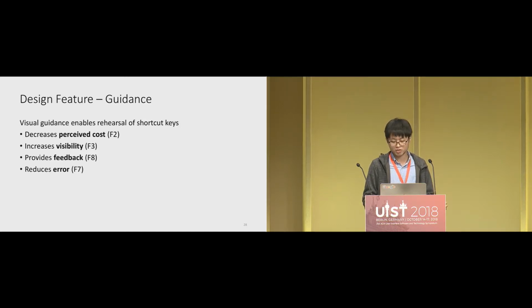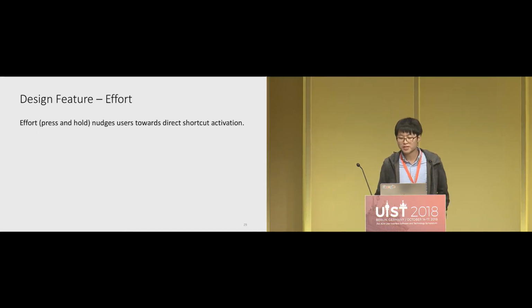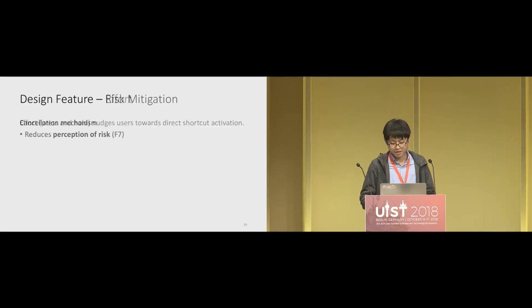The guidance also provides feedback of the currently selected command and reduces error. We also incorporate some amount of effort using visual guidance, which is press and hold here. So the users will more likely transition to directly activating a shortcut, not remaining in this guidance mode forever.